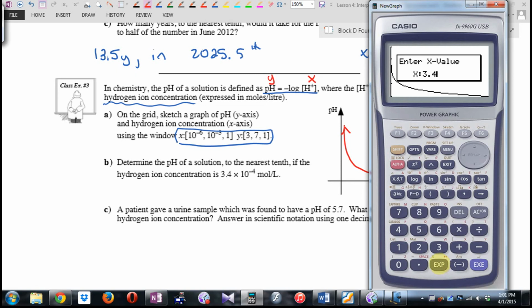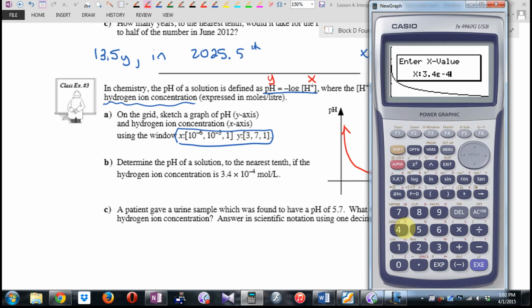3.4. This EXP button on the bottom, that's the abbreviation for times 10 to the power of, and it symbolizes it with a little e. Did it let you hit that in the black calculators? Ah, okay. And then the exponent, negative 4. That's 3.4 times 10 to the negative 4. Hit enter.